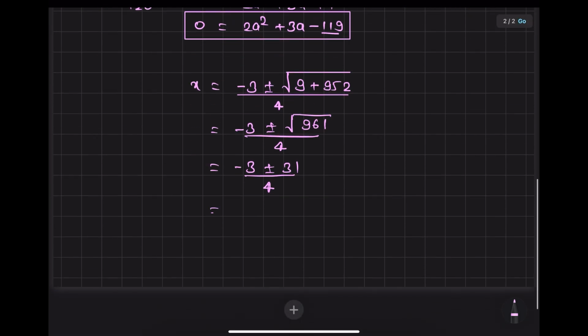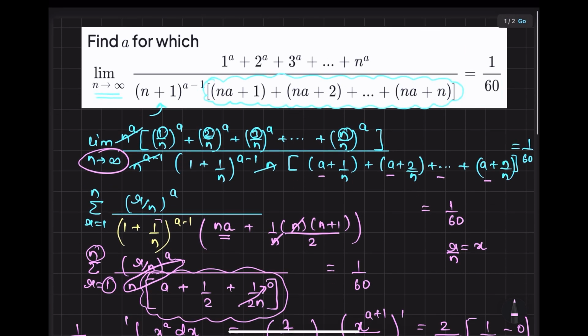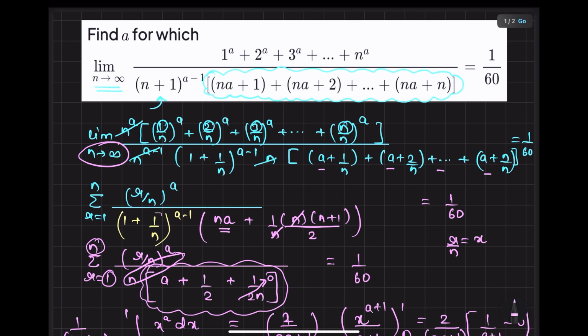We have minus 3 plus 31 as 28 by 4, and then minus minus is 34 by 4. So we are left with 7 or minus 17 by 2. Therefore, the possible values for a are 7 and minus 17 by 2. I hope the idea is clear and you can handle similar situations.